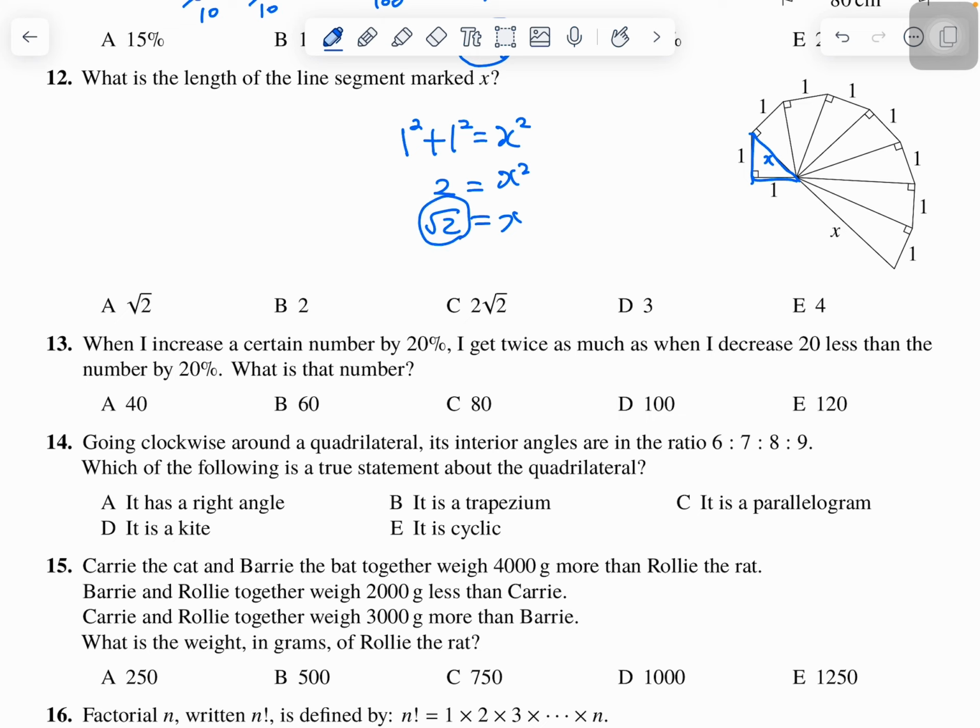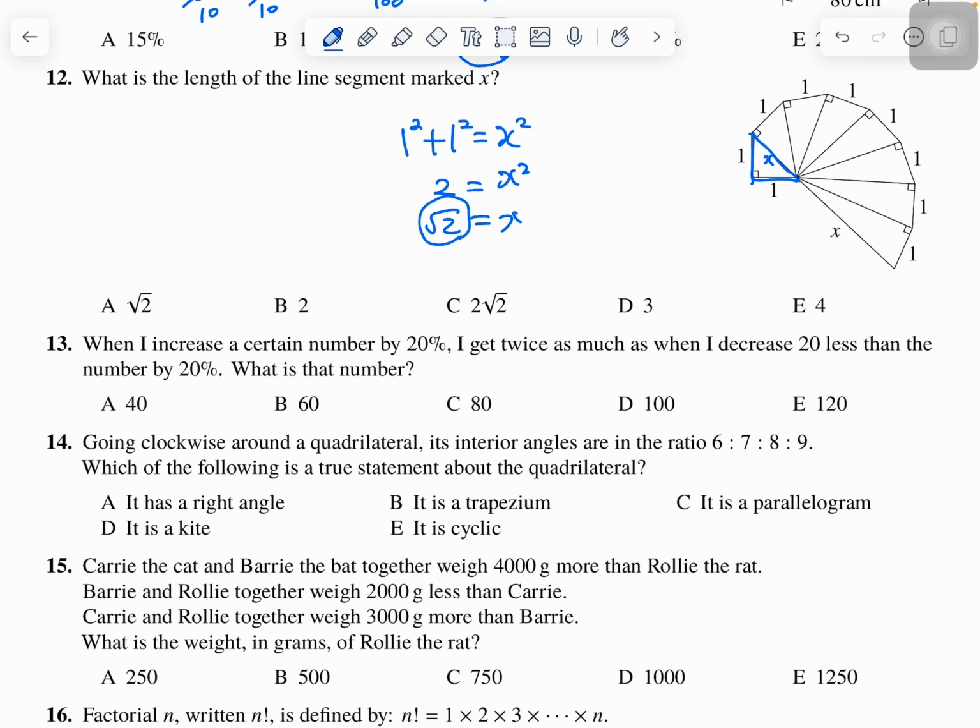Square root of 2 is a number. It is just a normal number like 1 or 2 or 3, but we just don't know what it is. The definition of square root of 2 is the number that, when we square it, becomes 2.